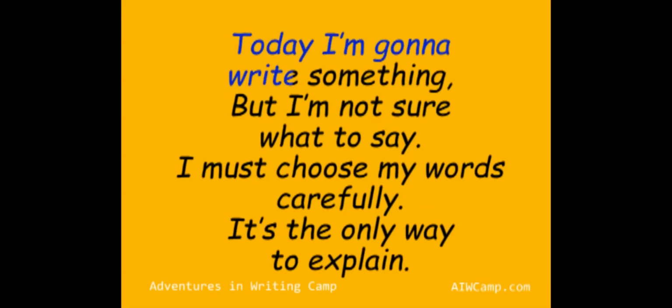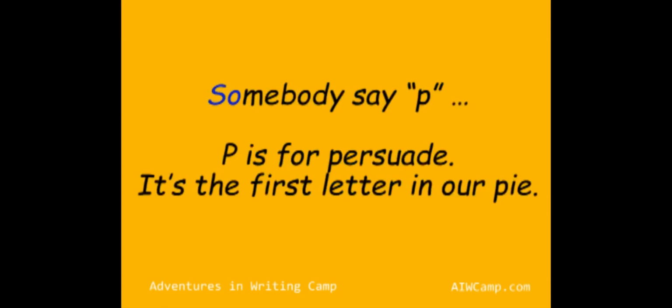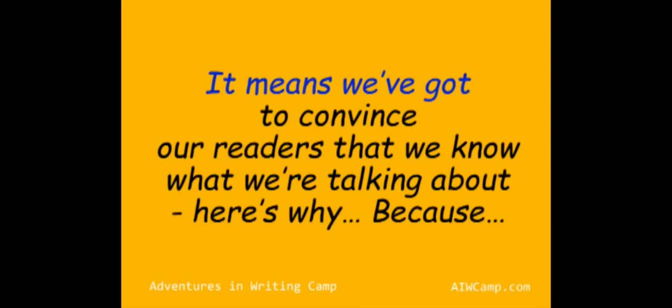Today I'm gonna write something, but I'm not sure what to say. I must choose my words carefully. It's the only way to explain. Somebody say P. P is for persuade. It's the first letter in our pie. It means we've got to convince our readers that we know what we're talking about.